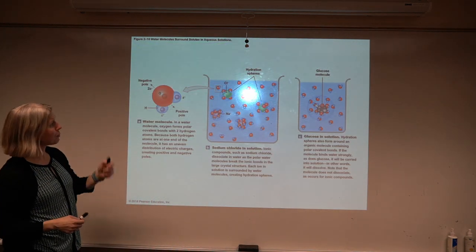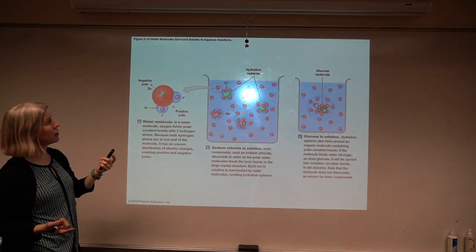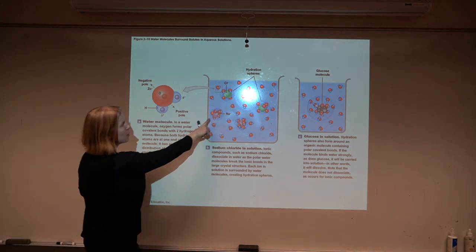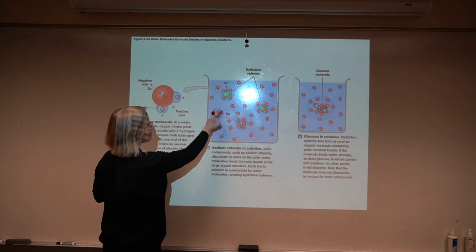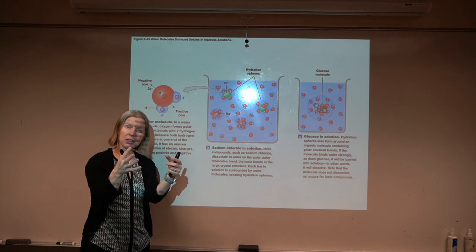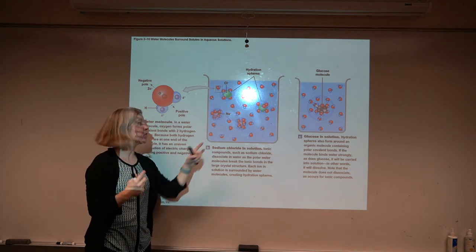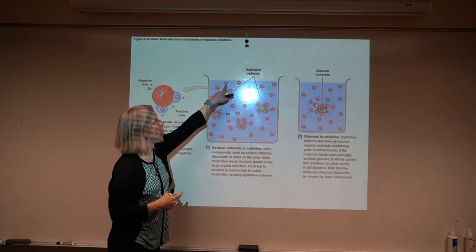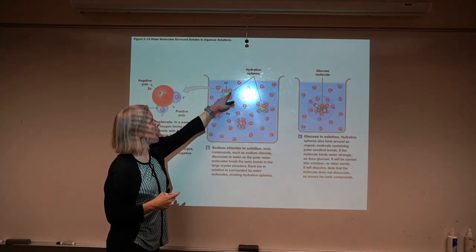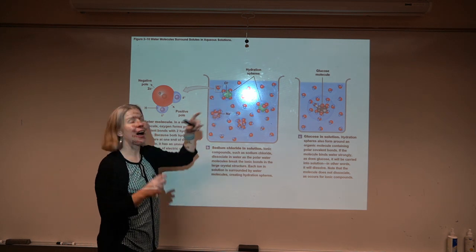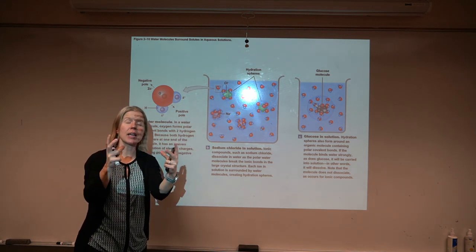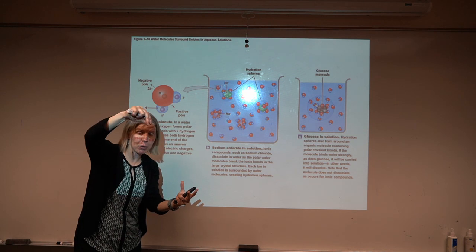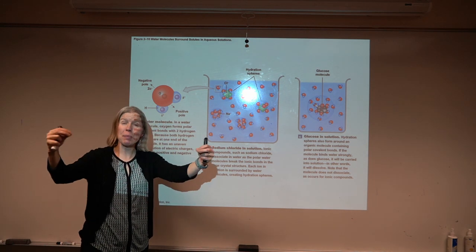Now think about why that happens, right? Sodium, with its positive charge, basically gets surrounded by water molecules with all their oxygens facing in, right? The negative part of that water molecule. Notice what happens to chloride here, this big green blob. All the hydrogens, all the positive ends of water are attracted. And so basically when you drop table salt into water, it gets ripped apart.